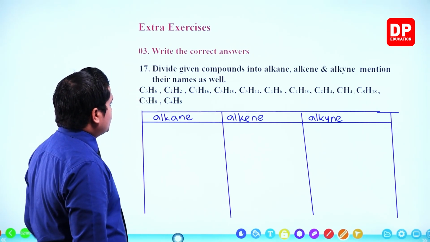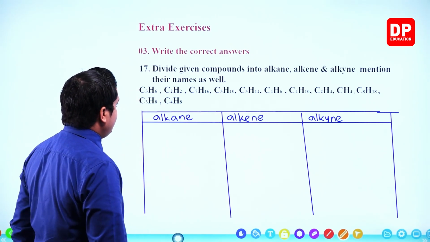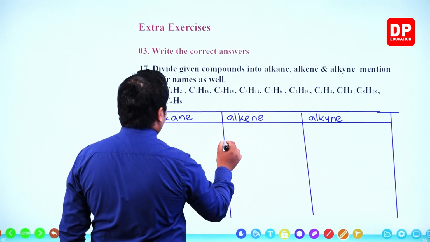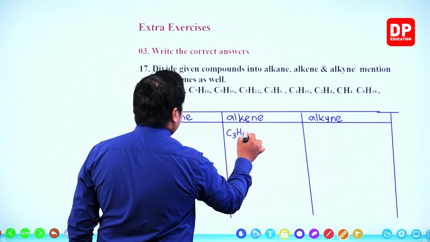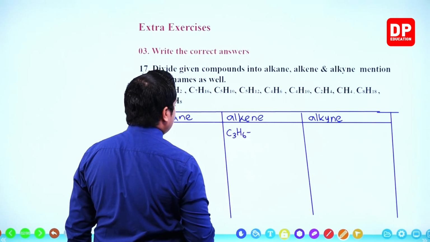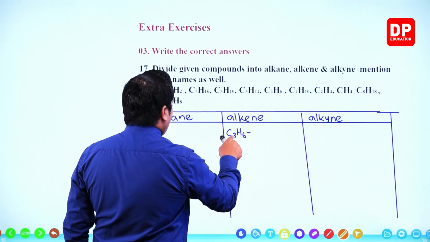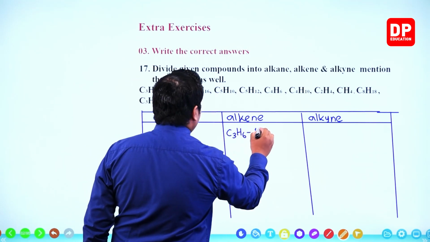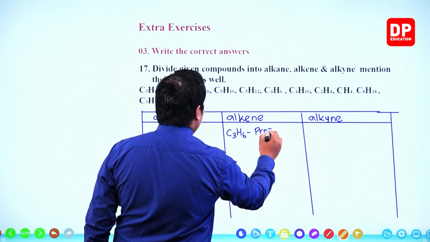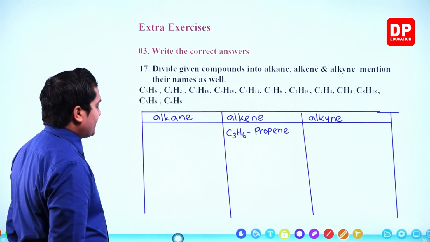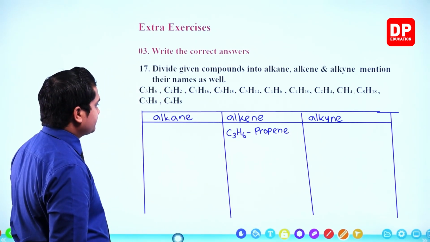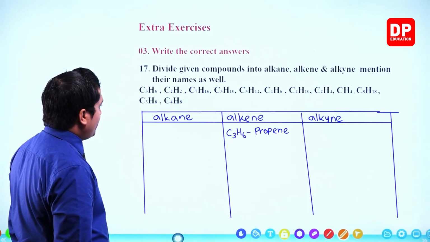Right. C3H6. So 2N. That means it is an alkene. C3H6. This is referred as 3 carbon atoms. So prop. This is propene. Okay, propene. Next one, C2H2.